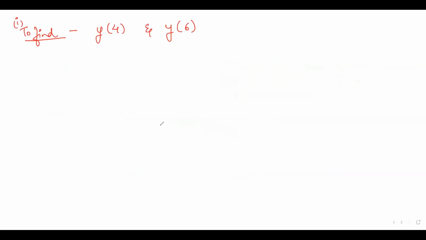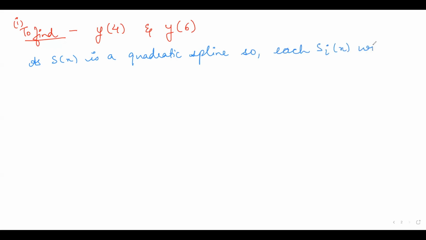So here, how to find the answer? Let me quickly write this. As we know, S(x) is a quadratic spline, so each S_i(x) will pass through all the points.